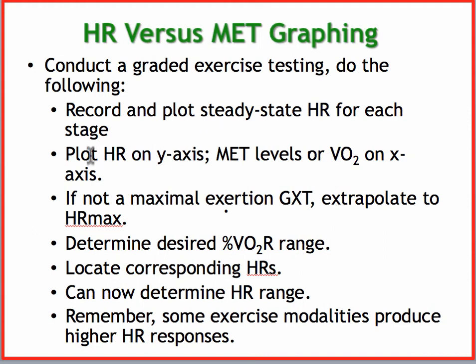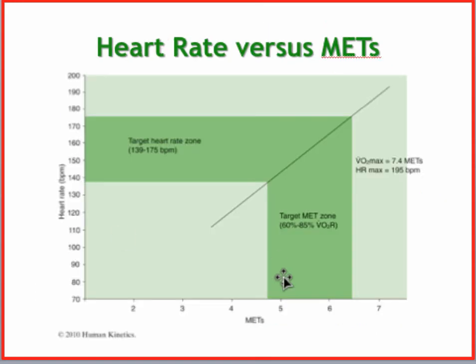If you plot heart rate on the y-axis and exercise intensity by METs or VO2 max on the x-axis, you can determine a person's heart rate at a particular workload. So we have had the person exercise at different steady state workloads, and we have recorded the heart rate at those workloads.